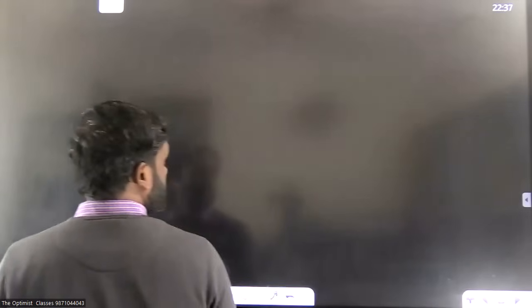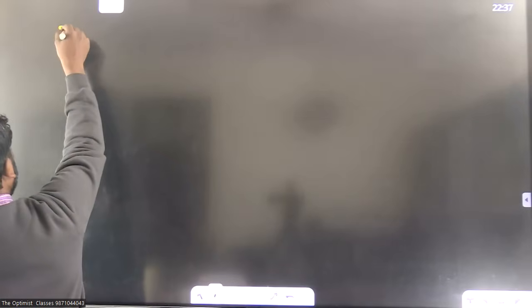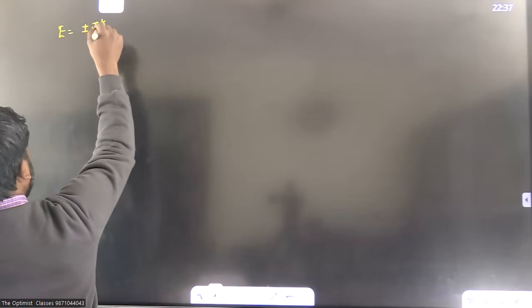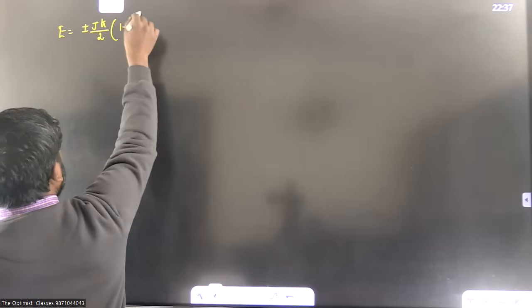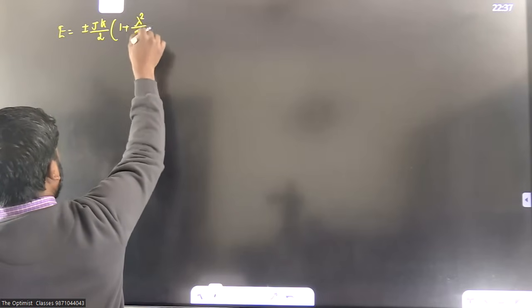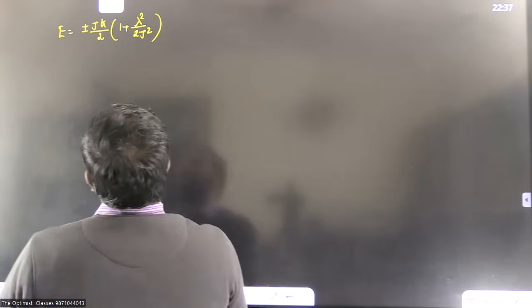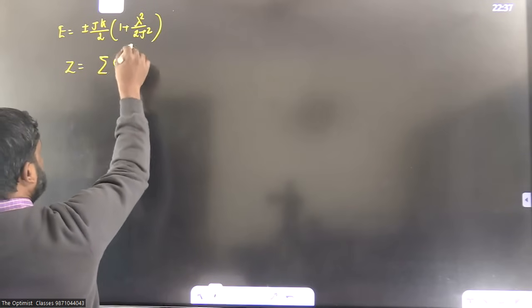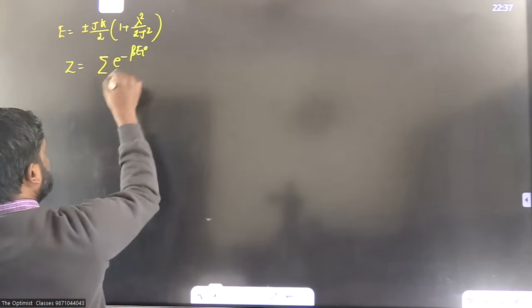So let us go to another slide. See here, energies are actually plus minus J h bar by 2, and here 1 plus lambda square upon 2J square. So let us write the partition function. Z is the summation of e to the power minus beta E_i, summation over i.